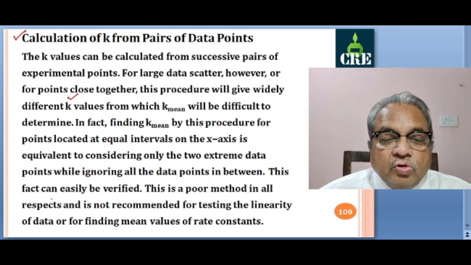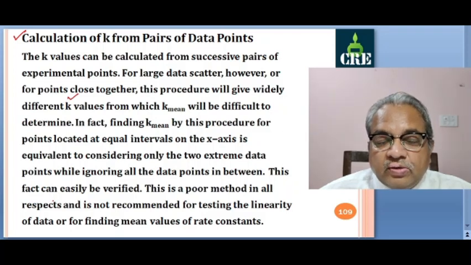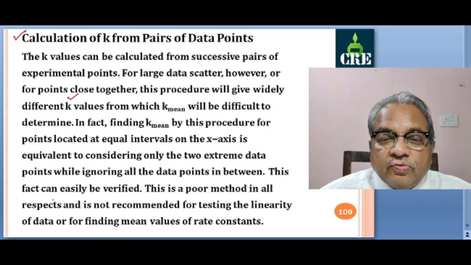So you have to consider all the data points, then only your k value will have the best fitness. Considering only two data points and ignoring other points is not a proper way to find k mean.